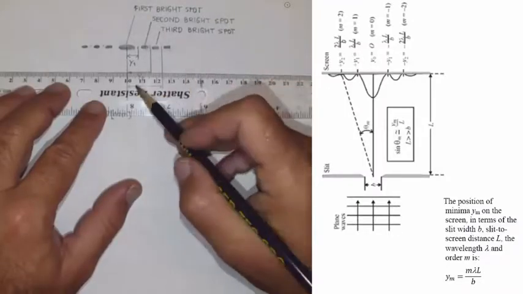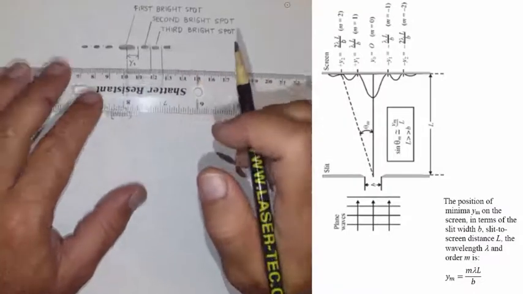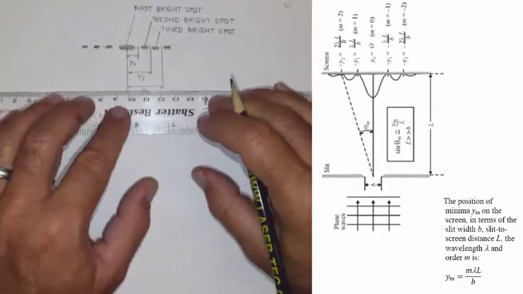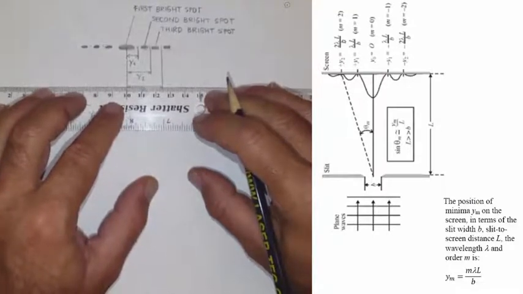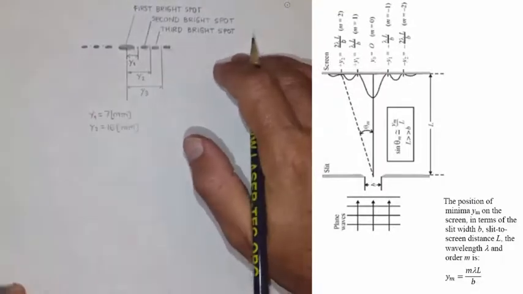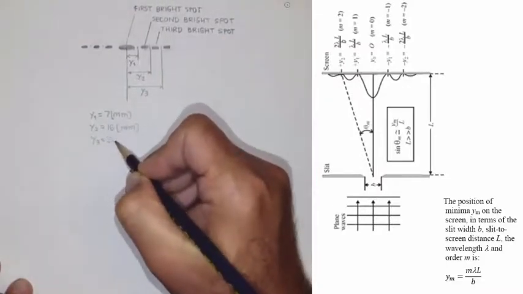Position of the second minimum is around 16 millimeters. And then finally the position of the third minimum is about 25 millimeters, y3 equal to 25 millimeters.